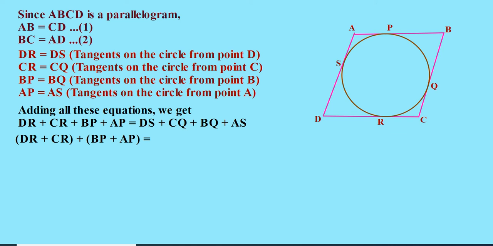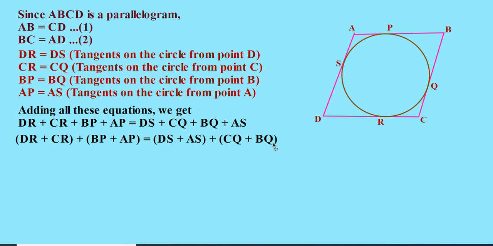We get DR plus CR plus BP plus AP. Similarly, on the other side, you take DS and AS together, and CQ and BQ together. So we write DS plus AS plus CQ plus BQ.